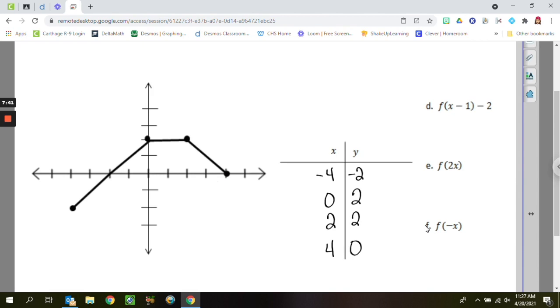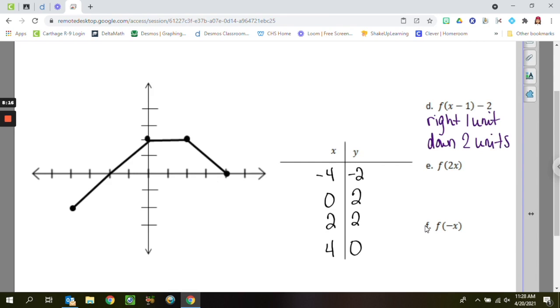This time on D, we are doing two things. So the x minus 1 means moving where? Yes, exactly. We're going to move right 1. And what about the negative 2? Down 2. Okay, so let's see what that looks like.